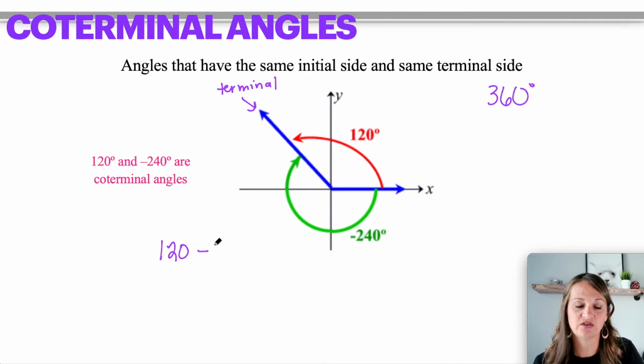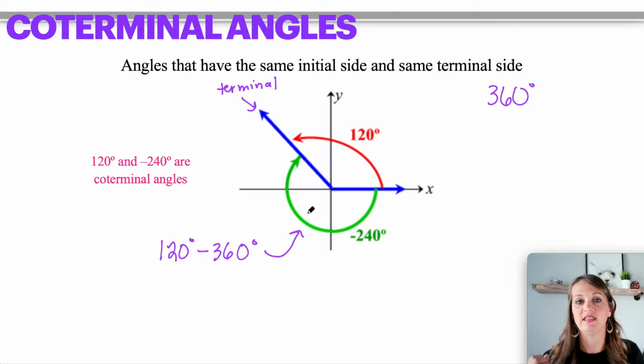That is how you would get the clockwise position of the negative angle. And so these are considered coterminal angles. Coterminal because they end up at the exact same terminal side, but they got there by two different ways.